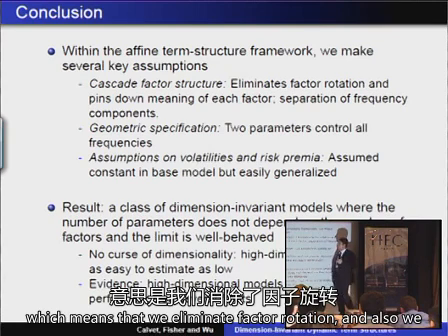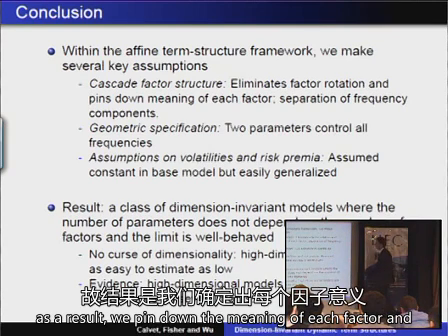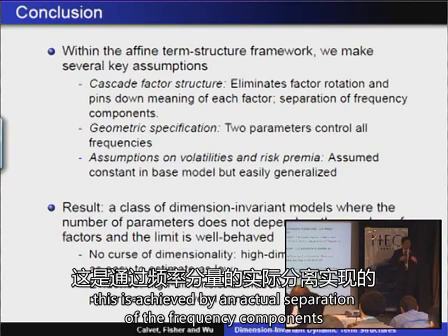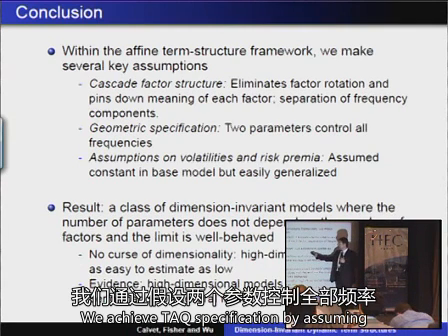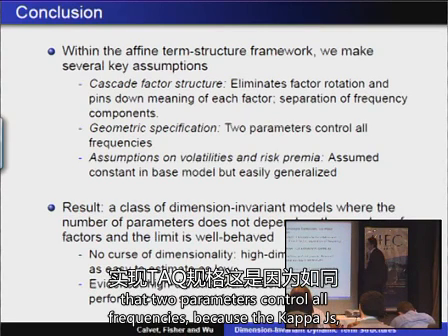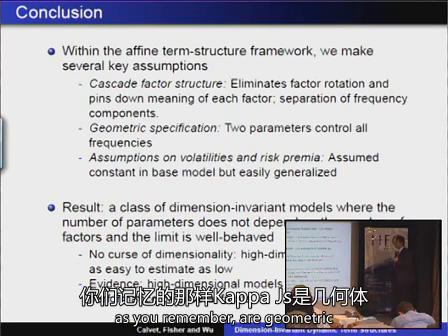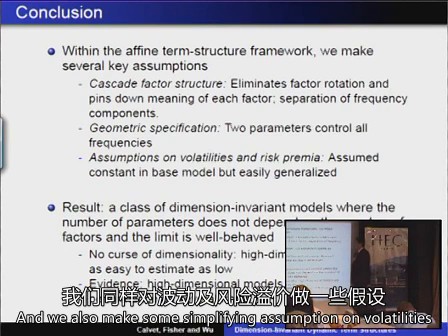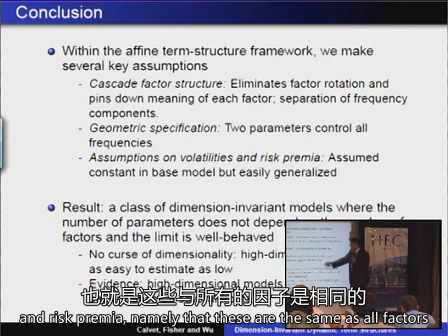As a result, we also pin down the meaning of each factor, and this is achieved by a natural separation of the frequency components. We achieve a tight specification by assuming that 2 parameters control all frequencies, because we assume that the kappa j's, remember, are geometric. We also make some simplifying assumptions on volatilities and risk premia, namely that these are the same for all factors.